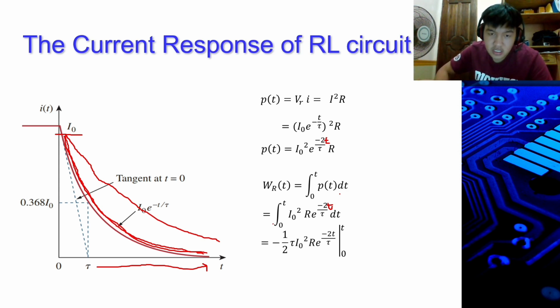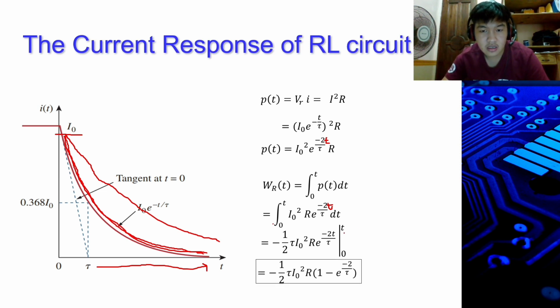Using the energy of the inductor, we can get negative 1/2 tau I naught squared R e raised to negative 2t over tau evaluated from 0 to t.